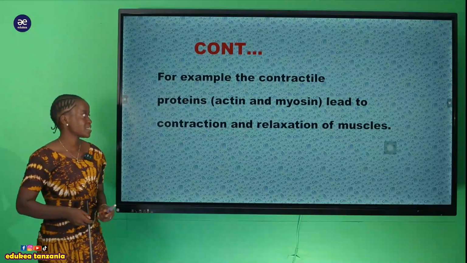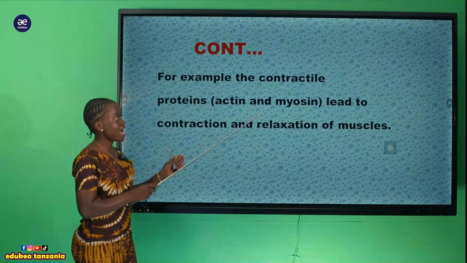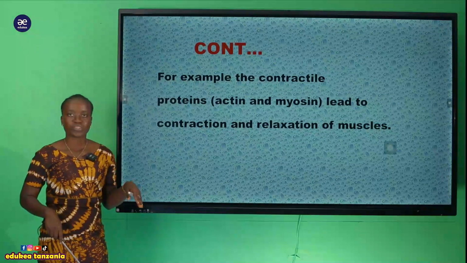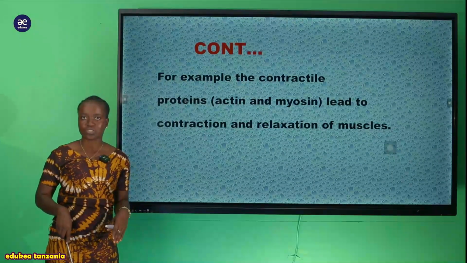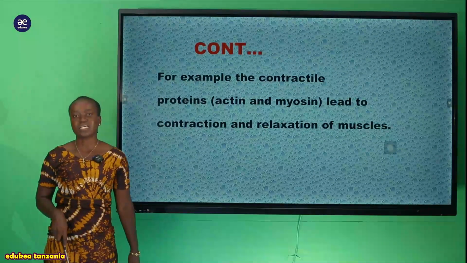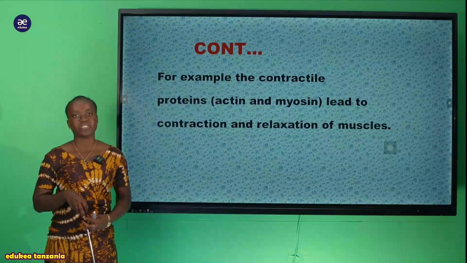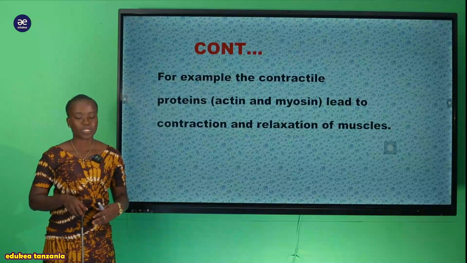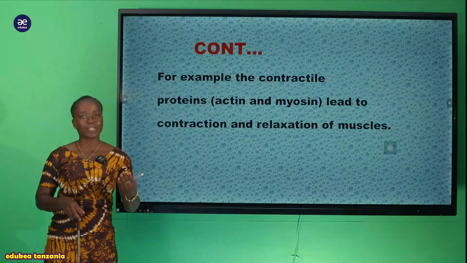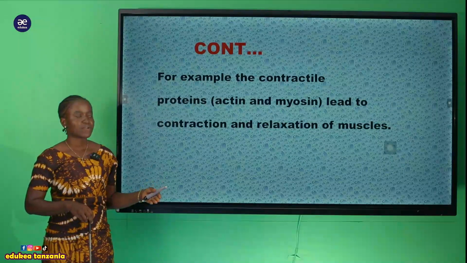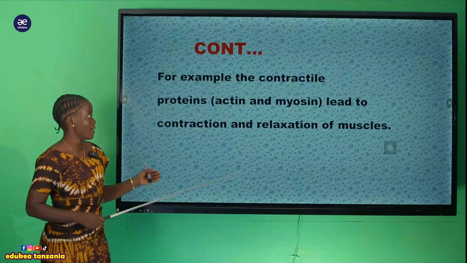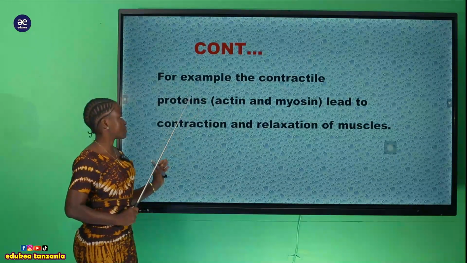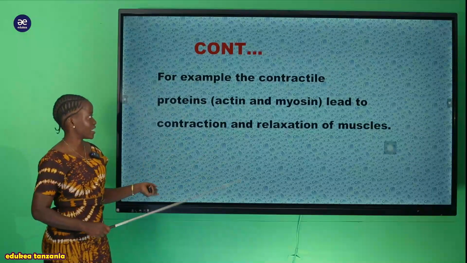So the presence of this myosin and the actin within the muscles ndio ambayo ina bring about certain kind of movement. So mtu anaweza akajongea kutoka sehemu moja kwenda sehemu nyingine, is due to the presence of this molecule, or due to the presence of this contractile protein.